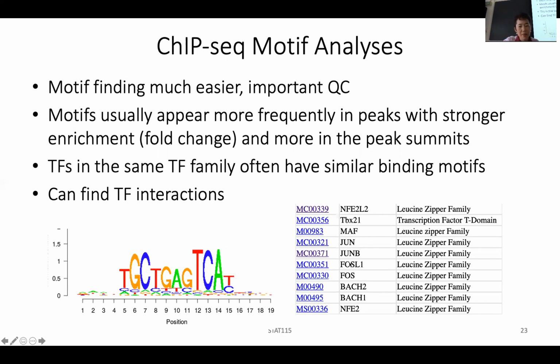You can see the transcription factor names here, and if you click on each of them, they will show you the matrix and the sequence logo. The TFs are different: JunB, Jun, MAF, TBX, Bach1, and NFE2. This one is a little strange, but all the rest are in the same leucine zipper family of transcription factors. If you click on each of them, their motifs look quite similar.